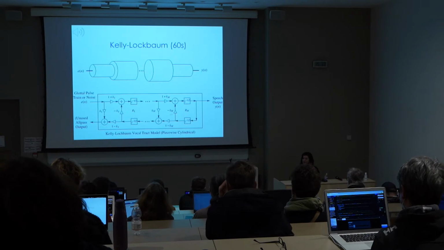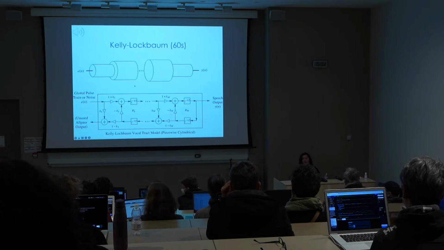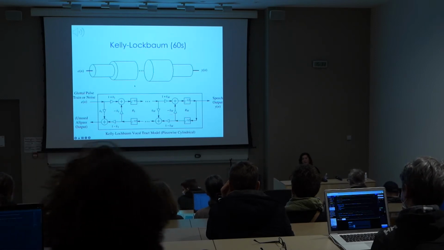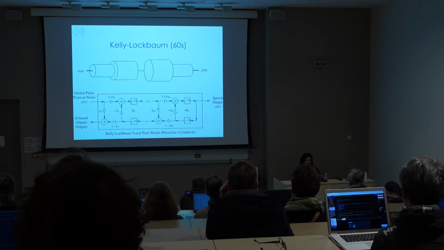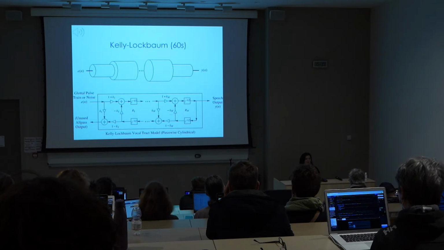So you can create singing voice, also connecting vocal tracts of different dimensions. And this is the example, you have heard this one. Imagine this was made in the 60s, and with these models.